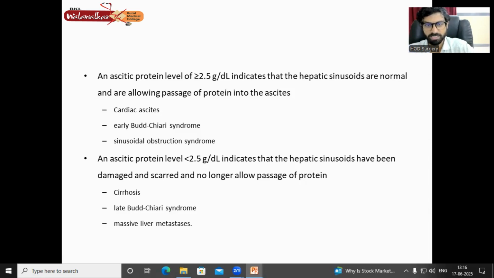This occurs in cardiac ascites, early Budd-Chiari syndrome, and sinusoidal obstruction syndrome. If the ascitic protein level is less than 2.5 gram per deciliter, it indicates that the hepatic sinusoids have been damaged and scarred and are no longer allowing the passage of protein into the ascitic fluid. This can occur in cirrhosis, then late Budd-Chiari syndrome, and massive liver metastasis.